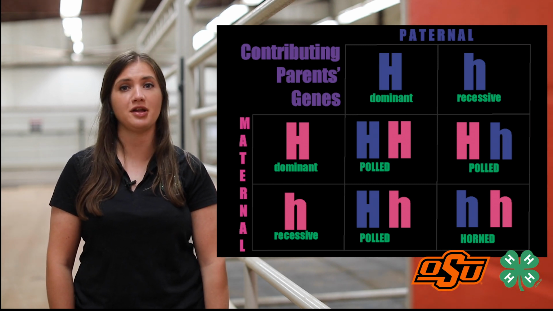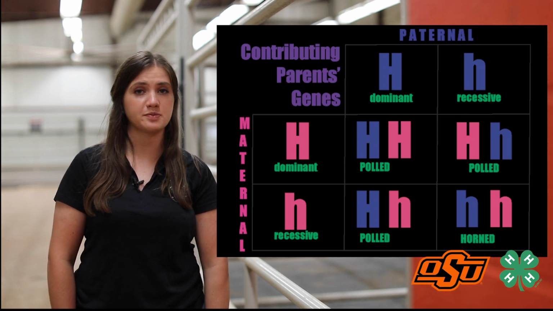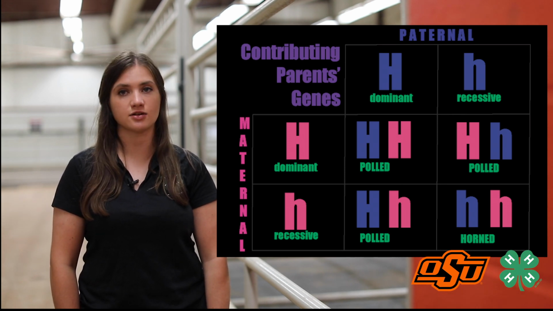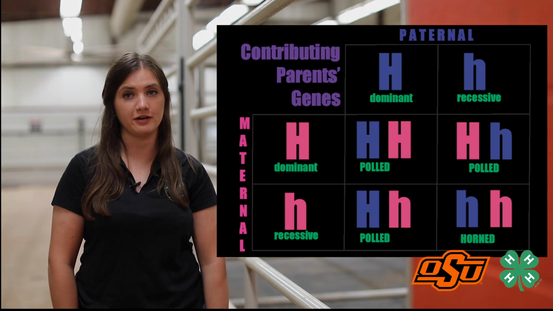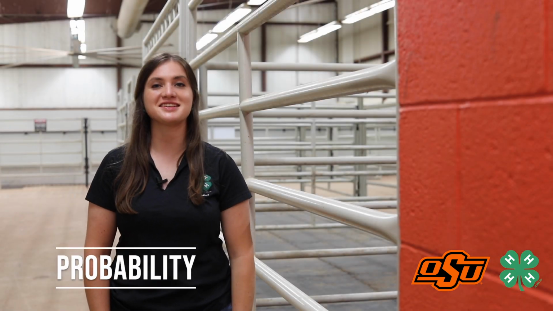Capital H is the dominant gene for a polled or hornless parent, and lowercase h is the recessive gene for a horned parent. Probability is the chance that something will happen. By examining these Punnett square boxes, we can see that there's a 75% chance of offspring being polled if both parents have dominant and recessive genes. There's a 25% chance of the offspring being horned.